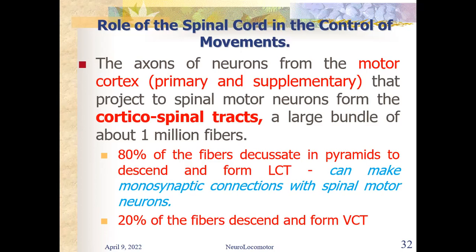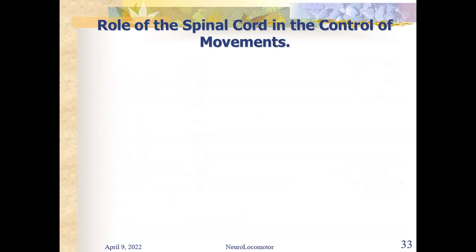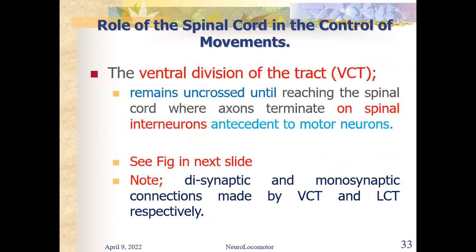But when the ventral corticospinal tract reaches the anterior horn of the spinal cord, it will decussate at the level of the spinal cord before making disynaptic connections with the spinal motor neurons, or the lower motor neurons. I hope you are all with me. So that is what I've explained here.